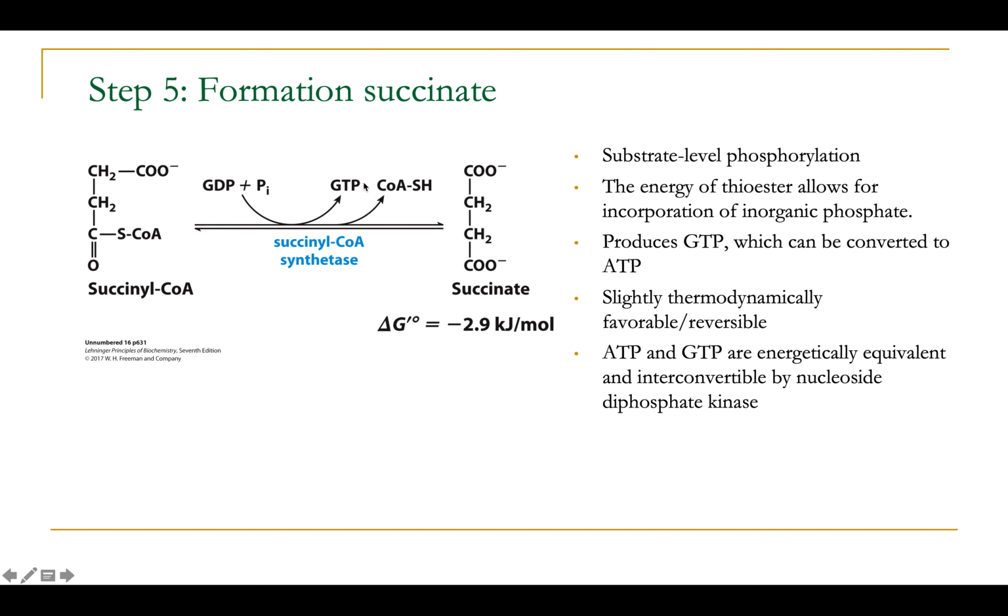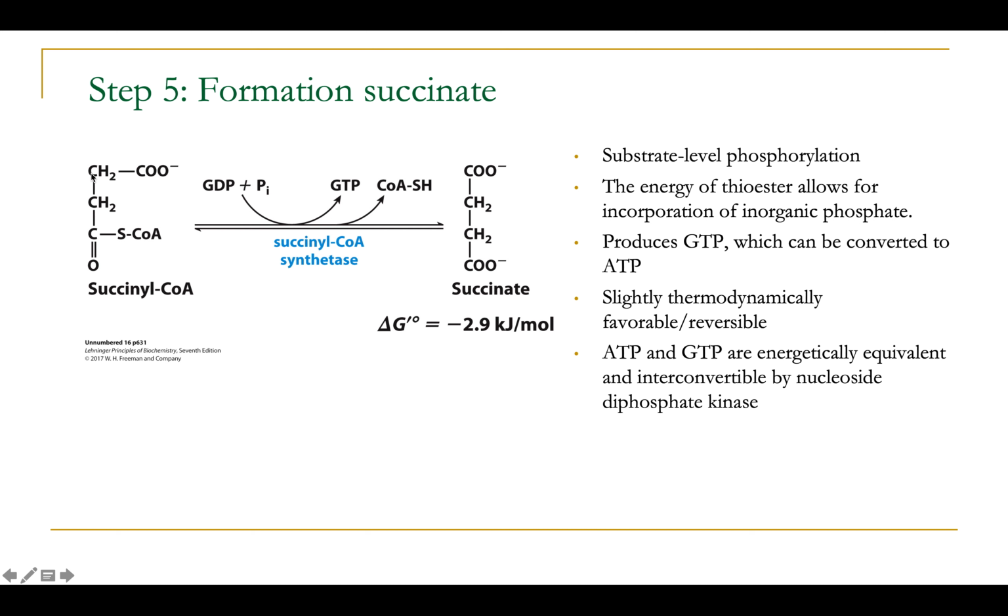In fact, GTP is analogous to ATP in energy production, because GTP can be freely converted without energy loss to ATP by nucleoside diphosphate kinase. So it is the same as substrate level phosphorylation giving rise to ATP. Concomitantly, this reaction also releases free coenzyme A, which was consumed in the previous step.